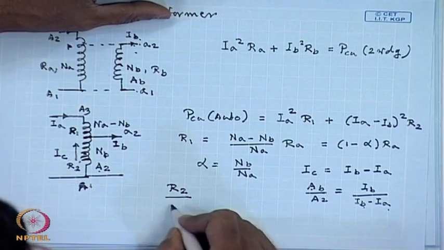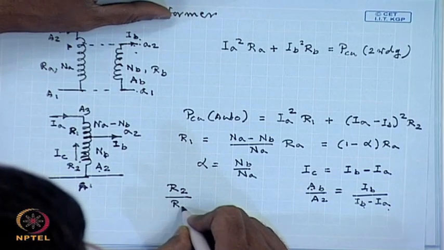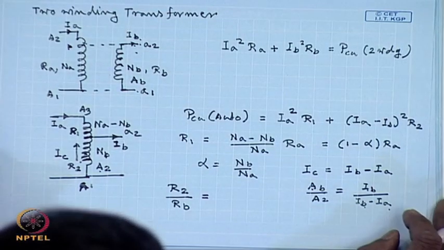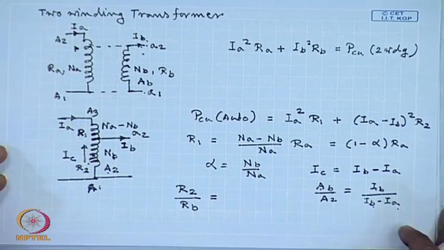Now, R 2 by R B: resistance is inversely proportional to the cross sectional area.